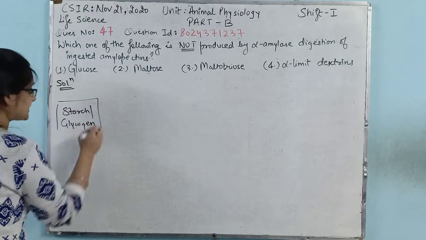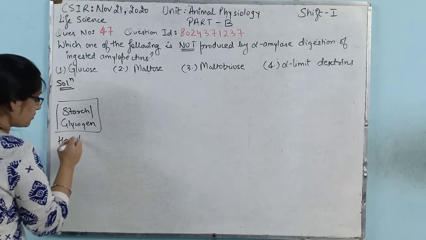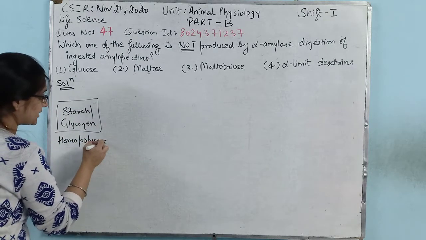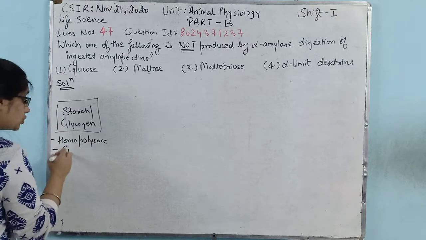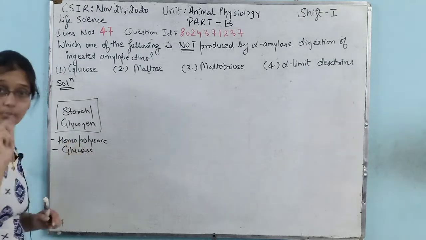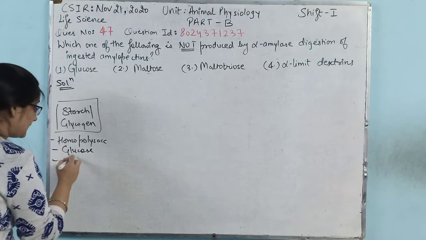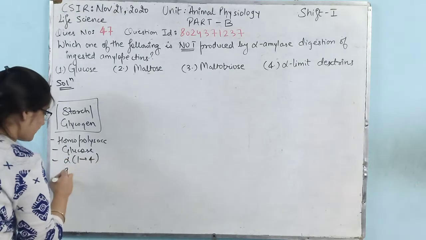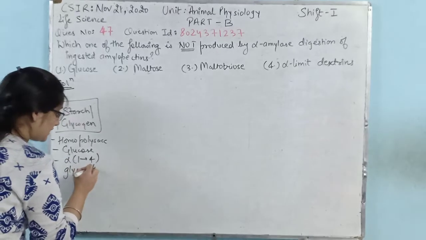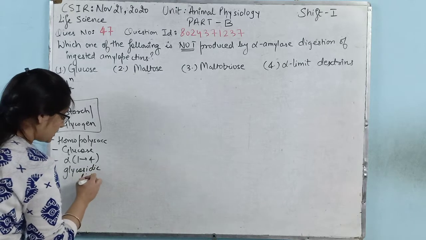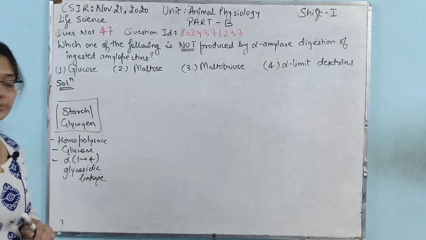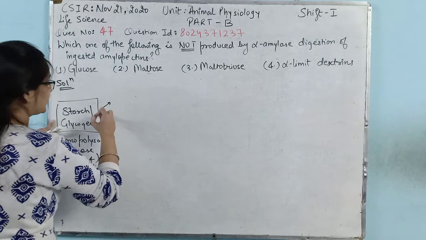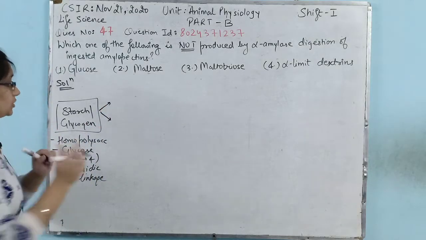Both of these are homopolysaccharides which have glucose as the monomeric unit, linked by alpha 1,4 glycosidic linkage.